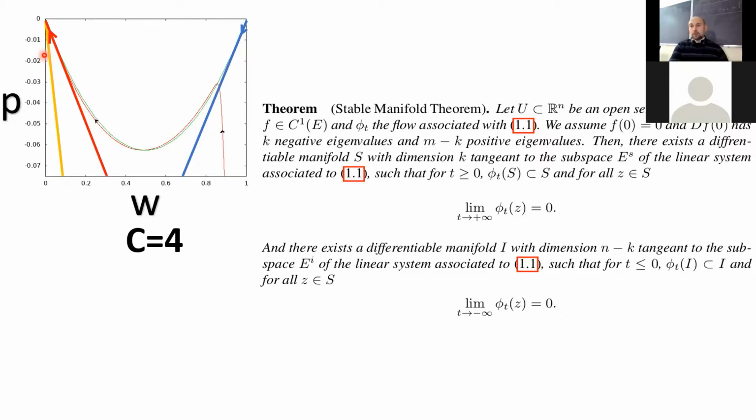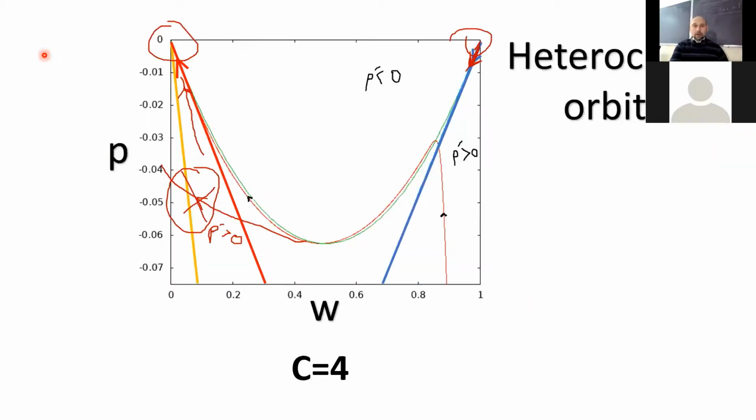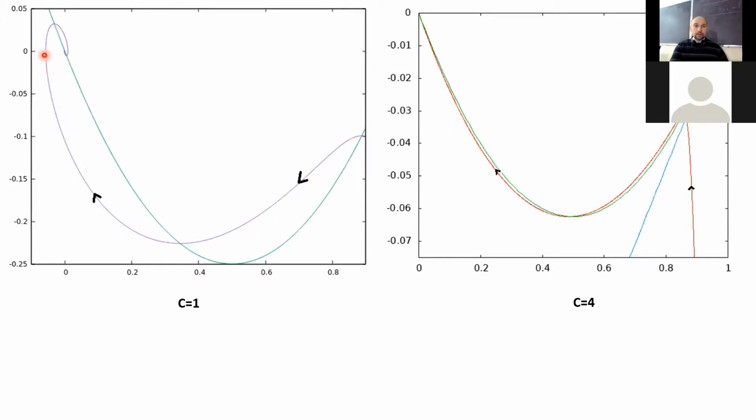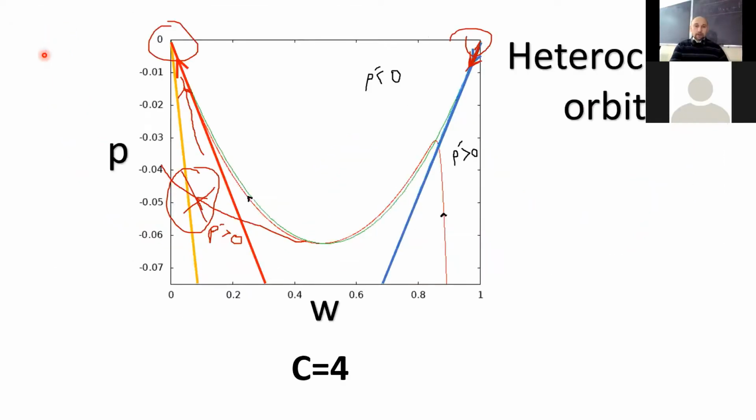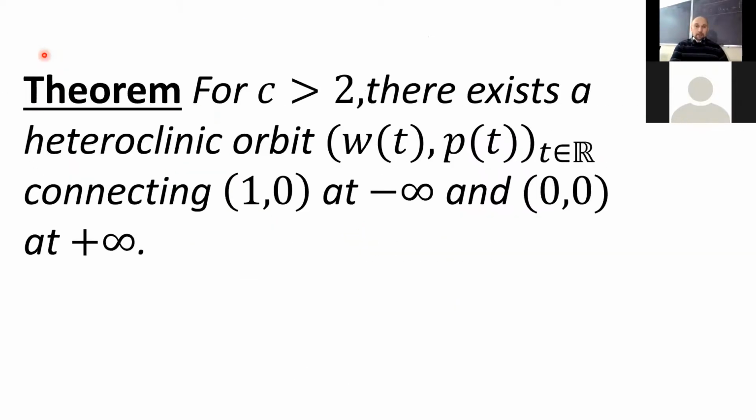Okay, so that's it. This proves that we have a heteroclinic orbit from (1, 0) to (0, 0), and this corresponds to a traveling wave for my reaction diffusion equation.